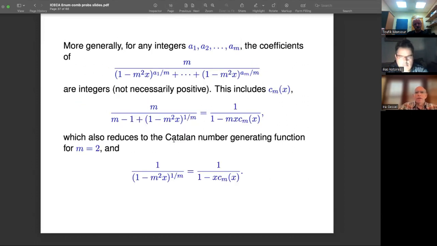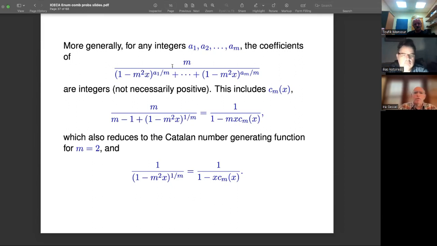So more generally, we can get some related power series with integer coefficients. If you take any integers a1 up to am, it's fairly easy to show that this quotient has coefficients that are all integers.